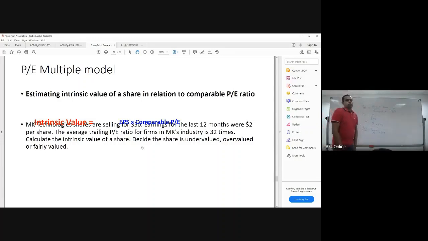Okay. So the share price is $50. Earnings for the last 12 months, $2 per share. The average trailing PE in the industry is 32 times. Meaning the intrinsic value should technically be $64, whereas now it is going at $50 a share.